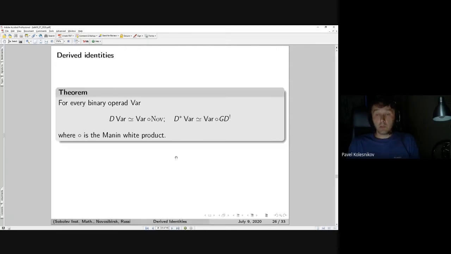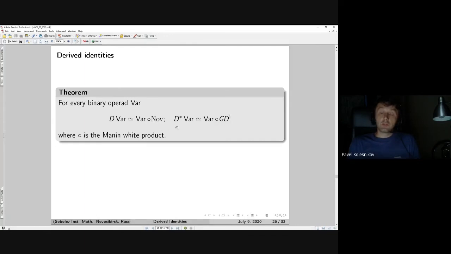And the main theorem I would like to present is exactly here. It turns out that if we consider a variety Var corresponding to an arbitrary binary operad, so the variety of algebras with binary operations and no other restrictions, then the derived variety is exactly the Manin white product of the initial operad and the operad corresponding to Novikov algebras.